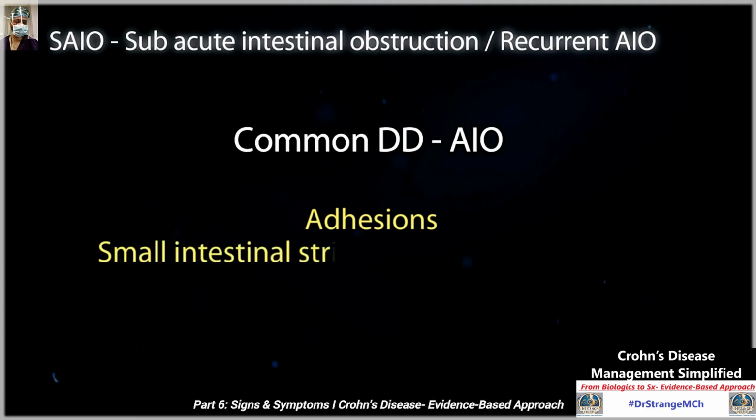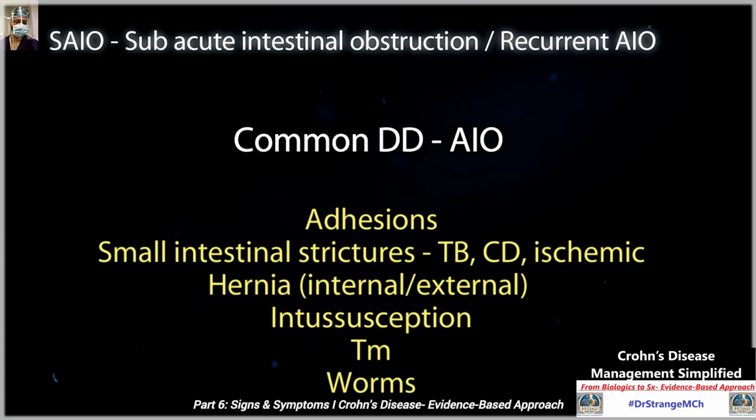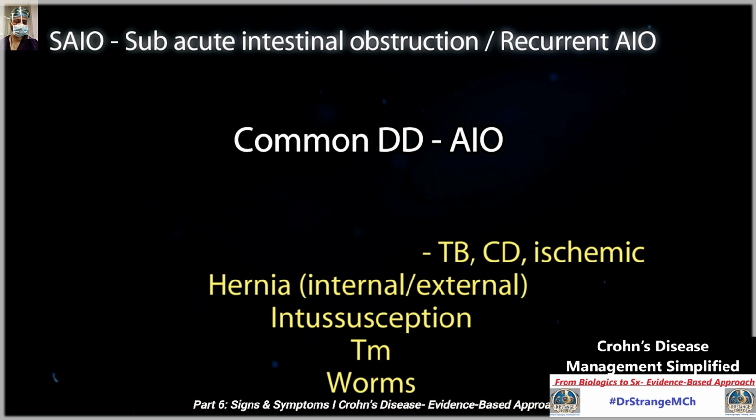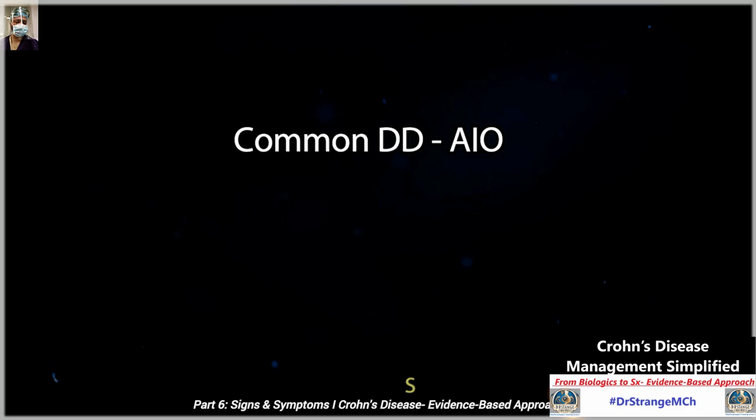The common differential diagnoses in a case of acute intestinal obstruction, in decreasing order of frequency, are adhesions, small intestine stricture, which can be caused by TB, Crohn's disease, or ischemia, hernias, internal and external, intussusception, tumors, which can be GIST or adenocarcinoma, and worms. So we have a diagnosis of recurrent acute intestinal obstruction with chronic diarrhea in a young male with these differentials. So we have to work up our case and plan our management ahead.